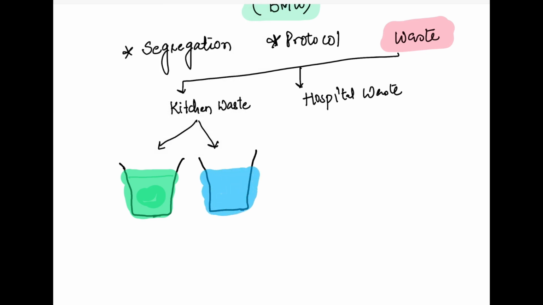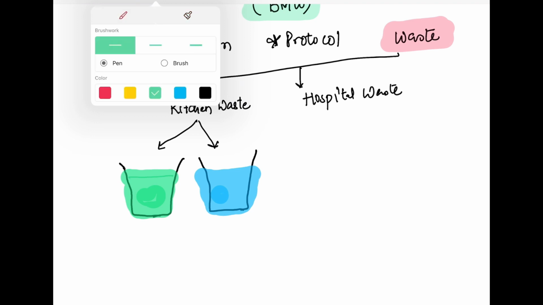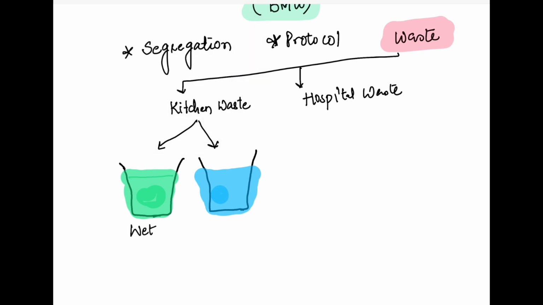These two colored buckets are used in our homes. Let's label them. The green one is used for wet waste, whereas the blue one is used for dry waste.